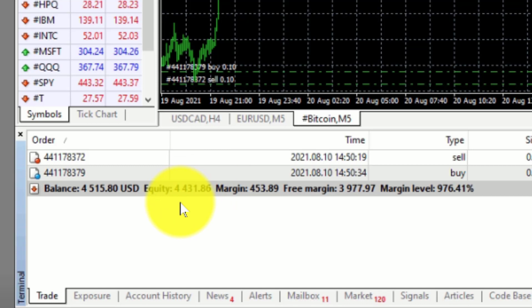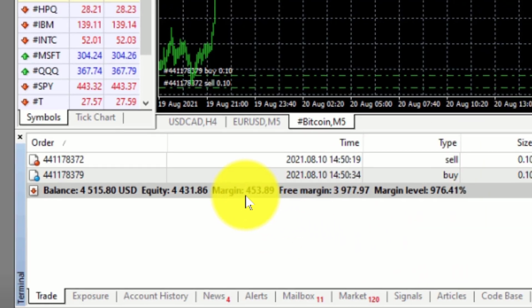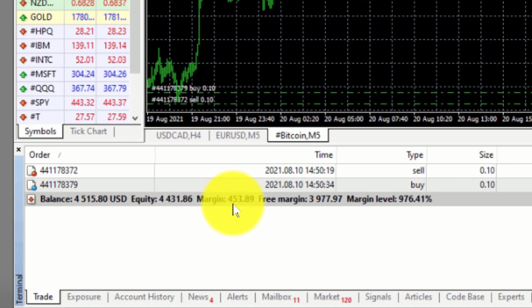But these open deals require the margin that I've been talking about, and that's where you see how much the broker is taking in margin. So to finance the 2 open deals that are running at the moment, the broker has taken $450 to finance those particular deals. So that is actually taken out of your available money that you have in your account.